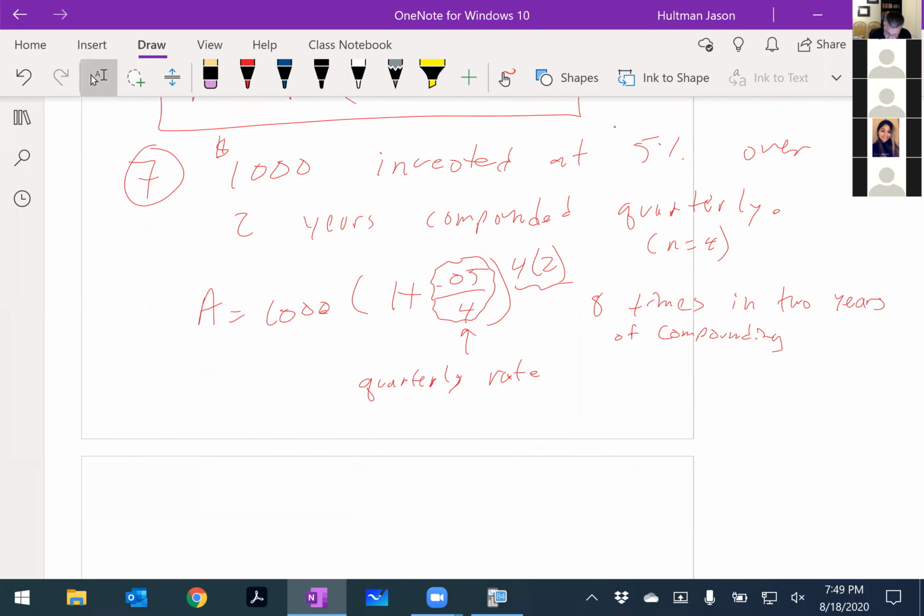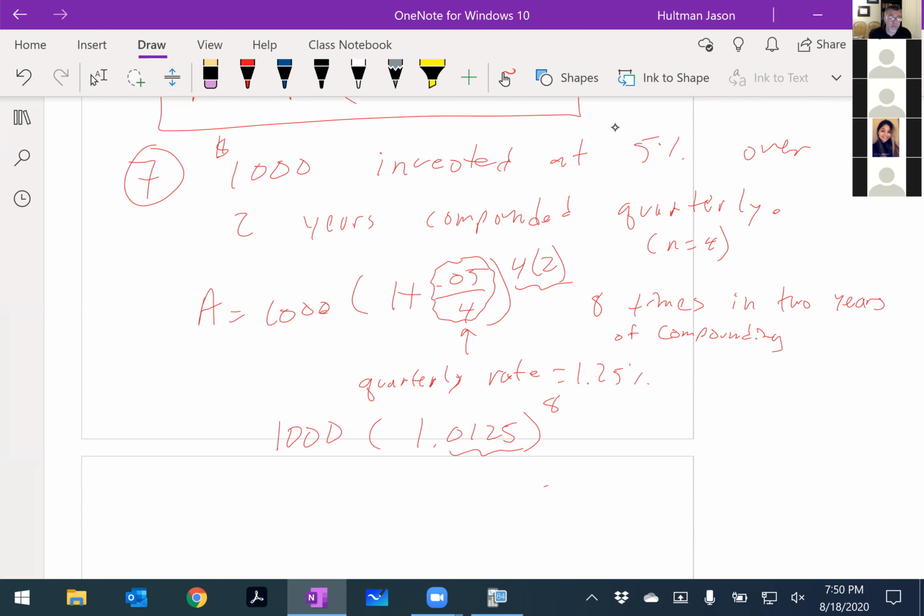So this is going to be 1,000 times 1.0125 raised to the 8th power. The quarterly rate was 1.25%. It's no longer 5%. The quarterly rate is 1.25%, and it gets compounded. So you're actually getting screwed because it's not really 5% anymore.